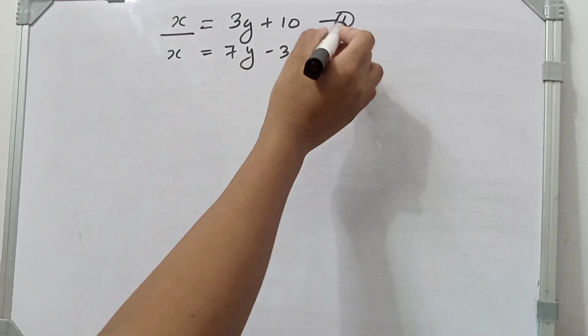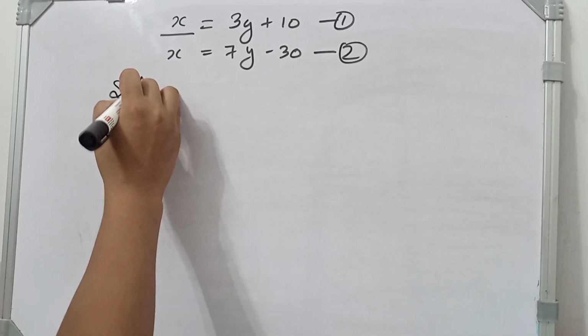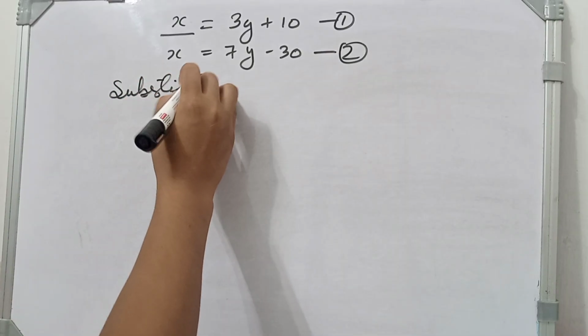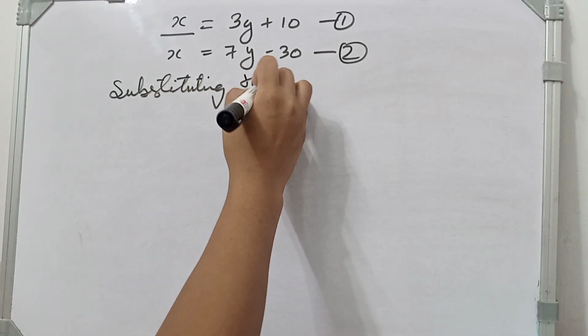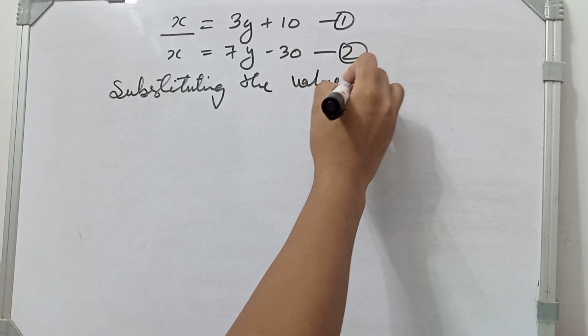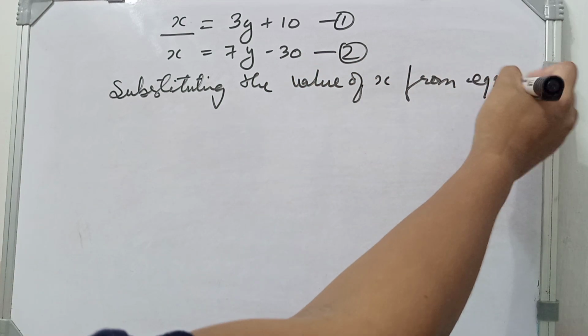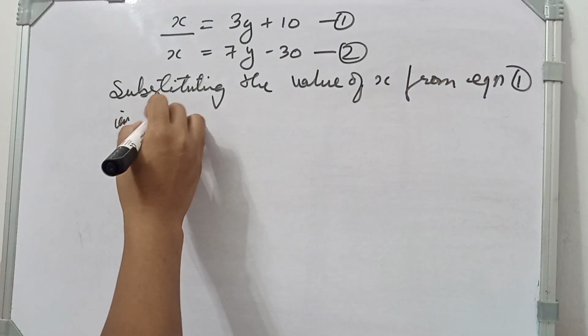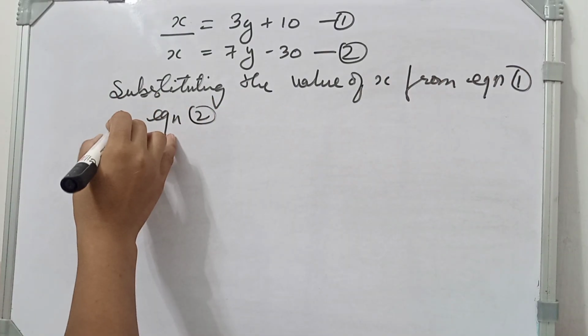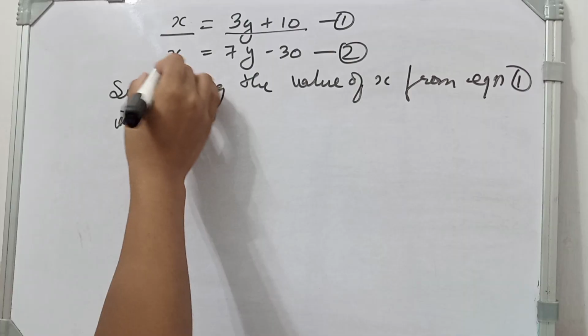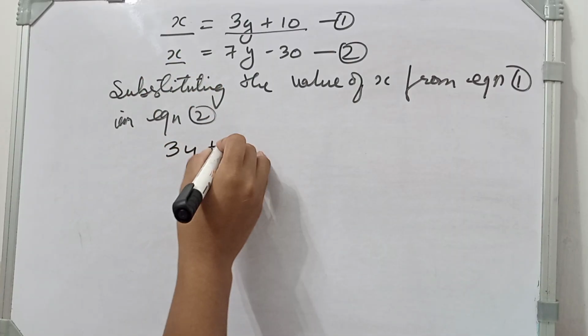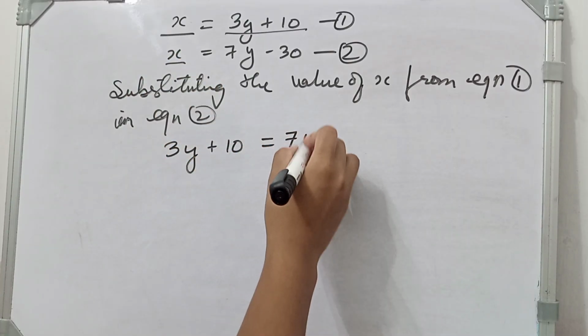Now the value of x from equation 1 is substituted in equation 2. Substituting the value of x from equation 1 in equation 2, we get 3y plus 10 is equal to 7y minus 30.